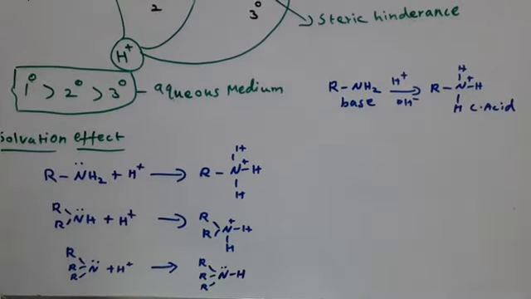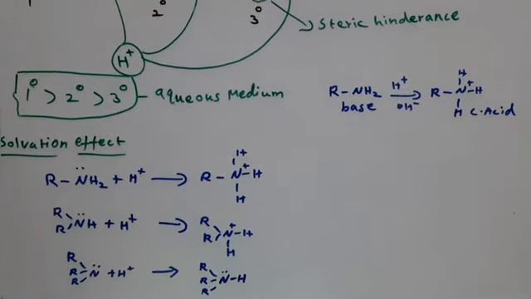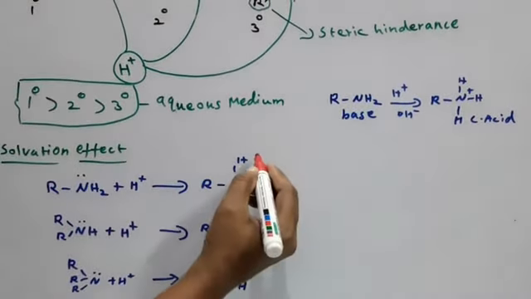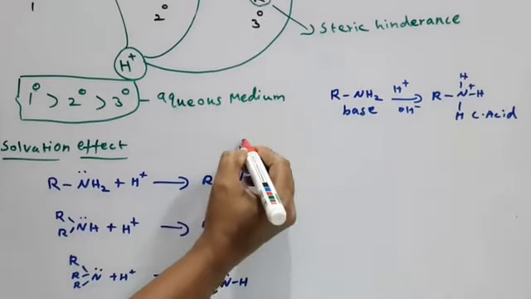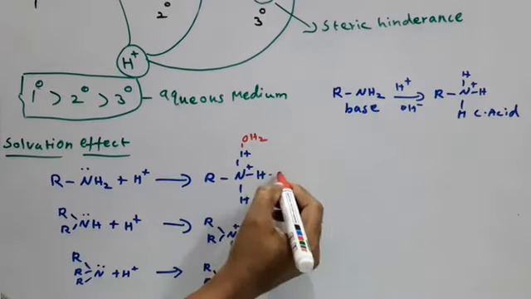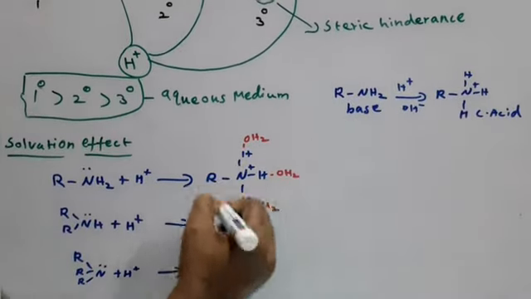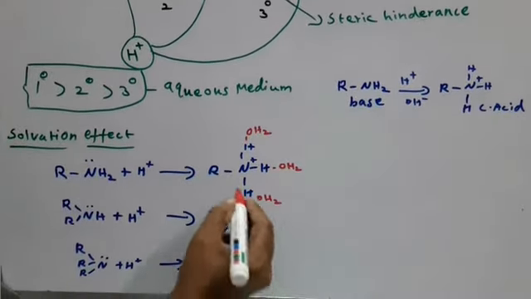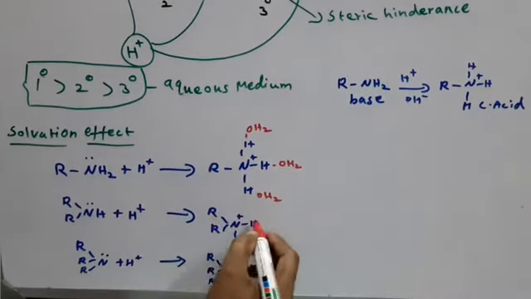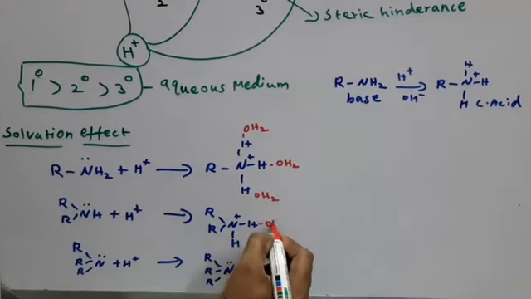So here you see, solvation effect means dissolving in water easily, OH2. This is possible. It easily dissolves with water through hydrogen. So here also OH2.